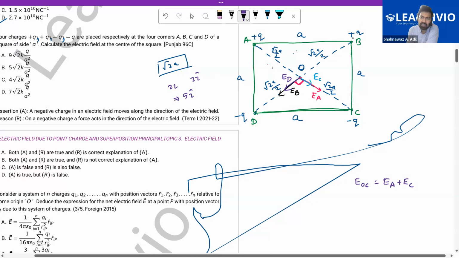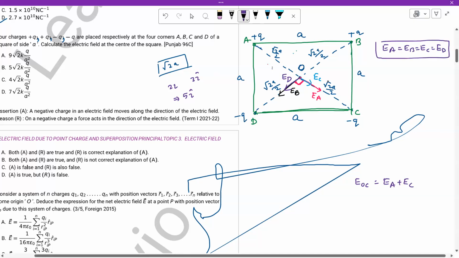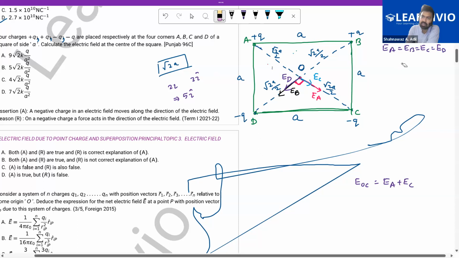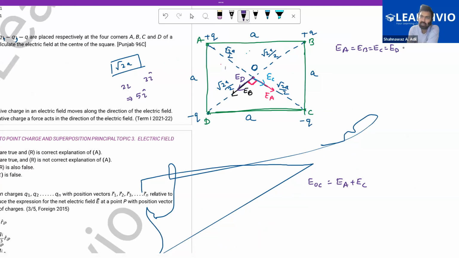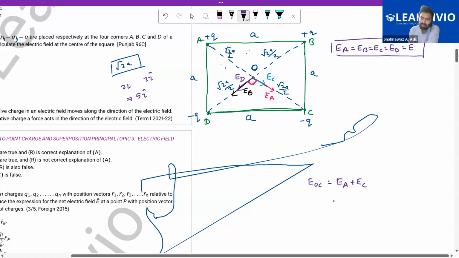For every charge the magnitude is the same, and the distance is also the same. So EA would be equal to EB, equal to EC, equal to ED. Is this point clear to you? Yes. So let's say this is E, and I can write the magnitude as E plus E. So that is 2E.